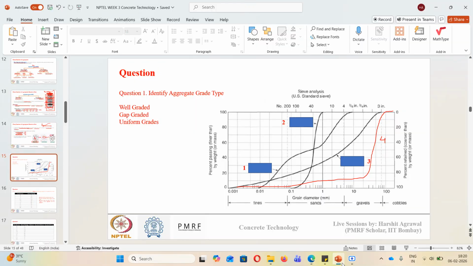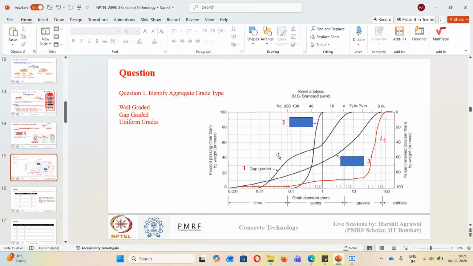Okay, the first one is gap graded. Why? You can see there is a high proportion of aggregates of around 0.1 mm, then there is a flat plateau. It means that the percentage of aggregate is weak here, and then there is a high percentage of aggregate in this region.